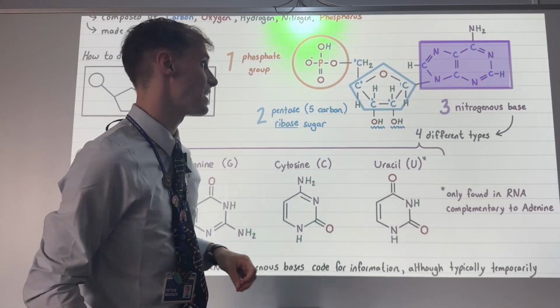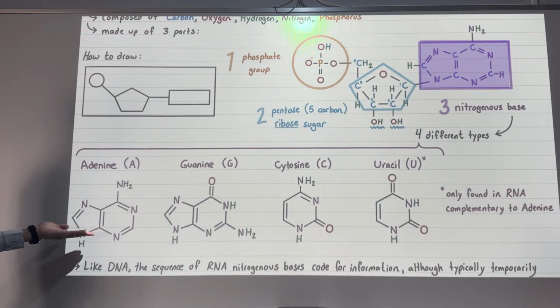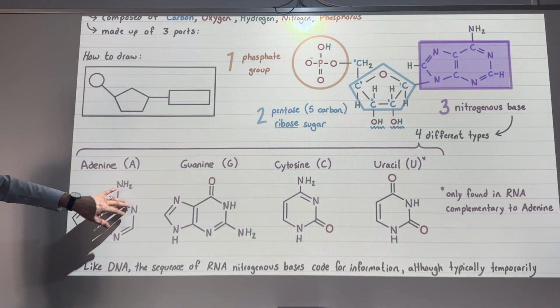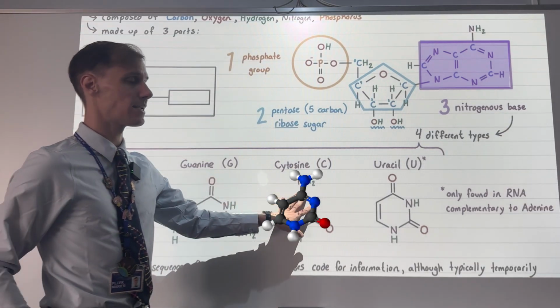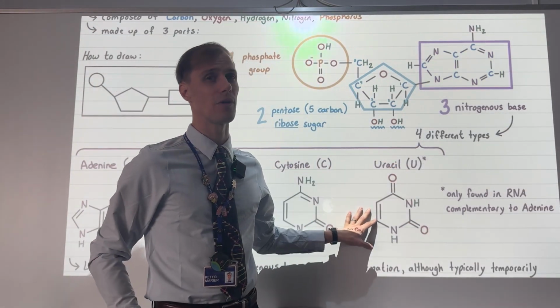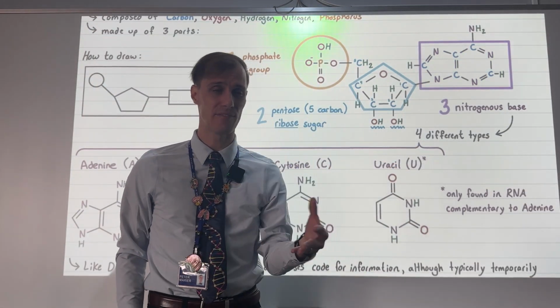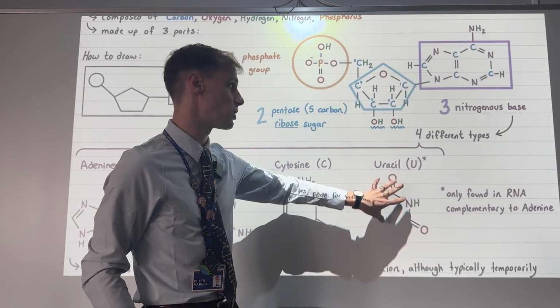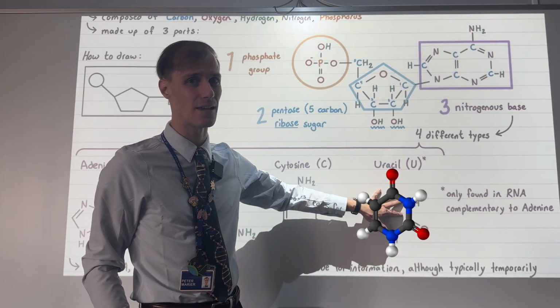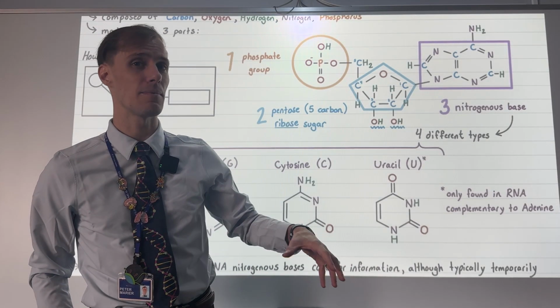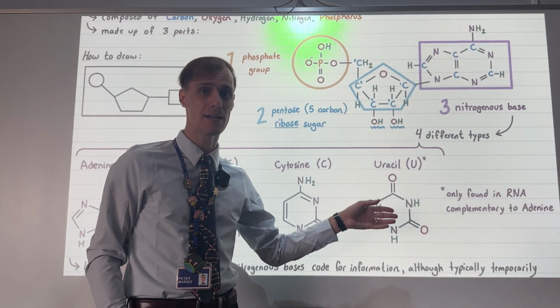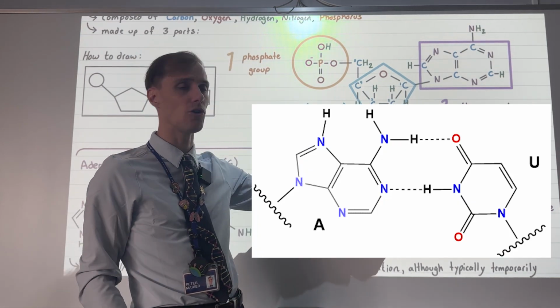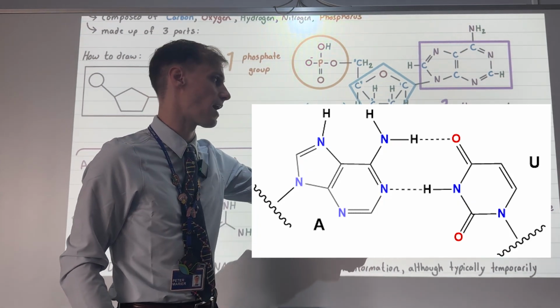So just like DNA, RNA can comprise an adenine, a guanine, a cytosine, but notice that there is no thymine here. Instead of thymine, the nitrogenous base uracil is used instead. And just like thymine complementary base pairs with adenine, uracil can also complementary base pair with adenine.